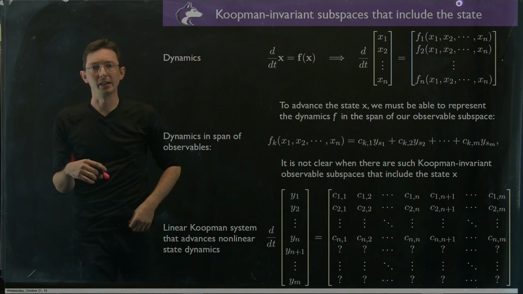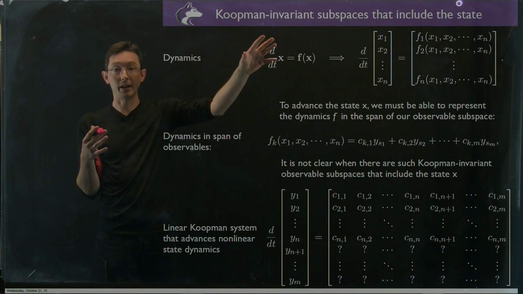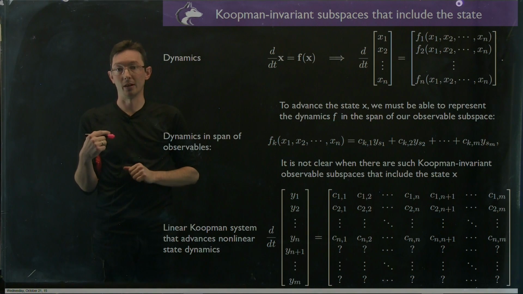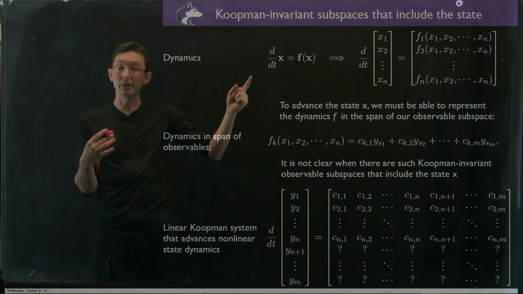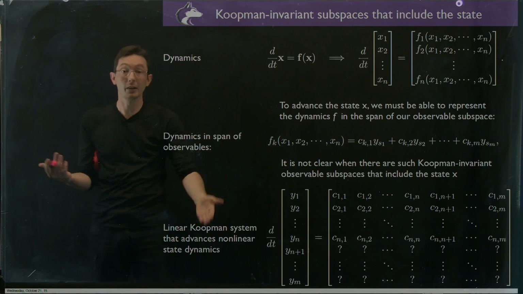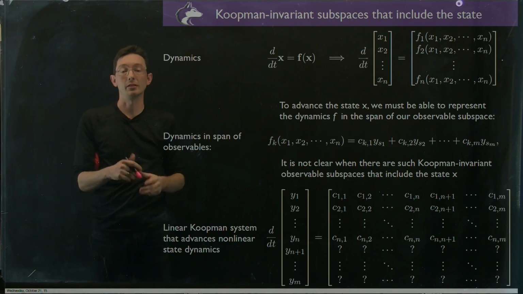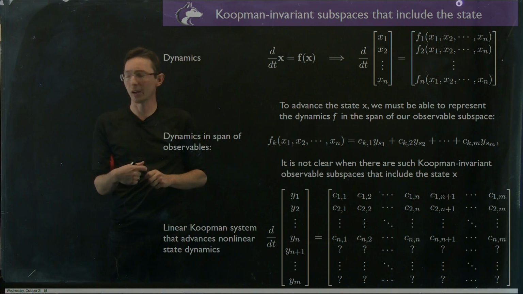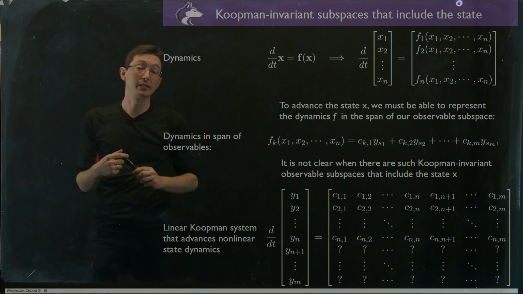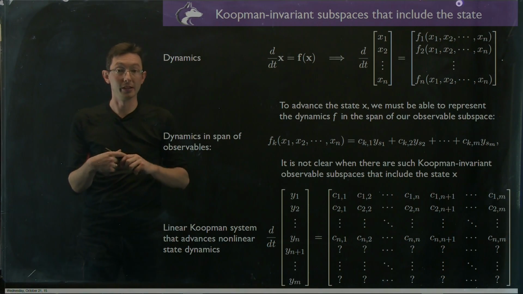But this is kind of to be expected, right? We're trading out nonlinear dynamics for an infinite dimensional Koopman operator. And if our dynamics are really non-trivial, then we really do rely on the infinite dimensional nature of this Koopman operator. Okay? So I'm going to show you some examples of where this breaks down pretty significantly.